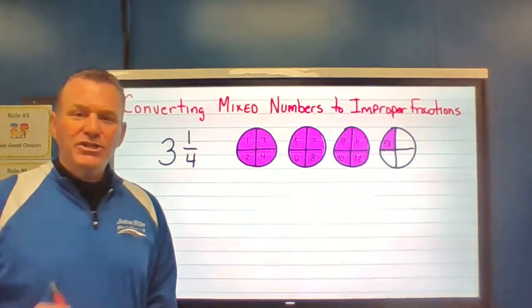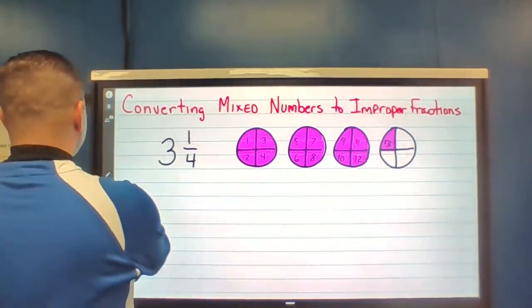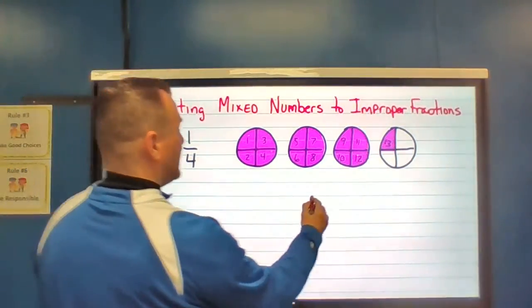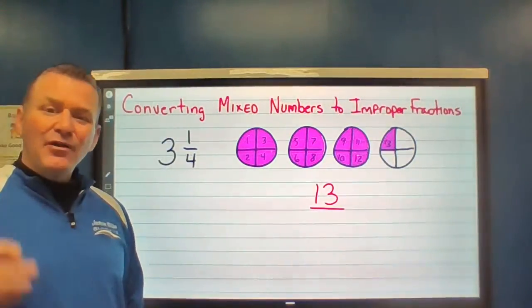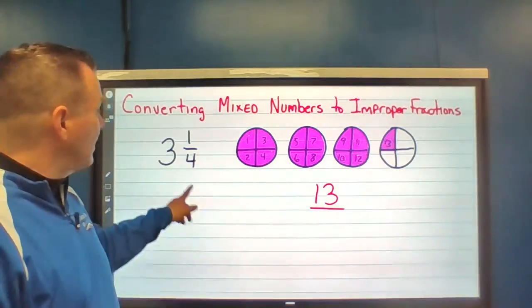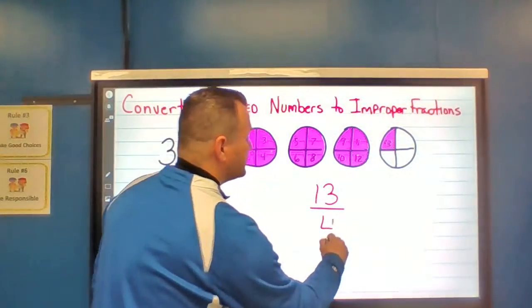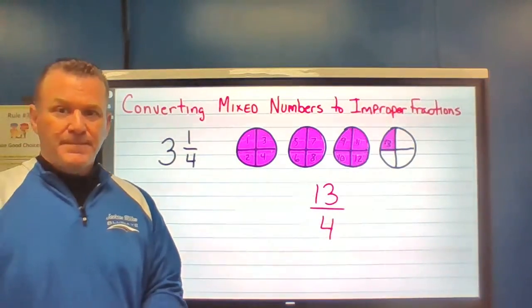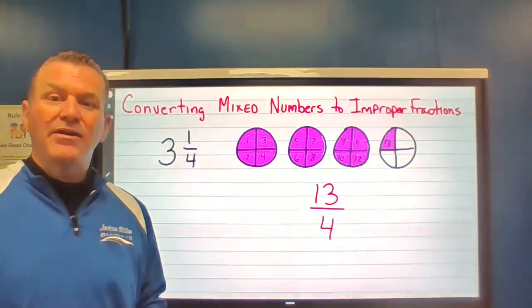I have 13 pieces. Okay. So I have 13 pieces out of 4 because my pie is cut into 4. That was my original denominator. So it's 13/4.